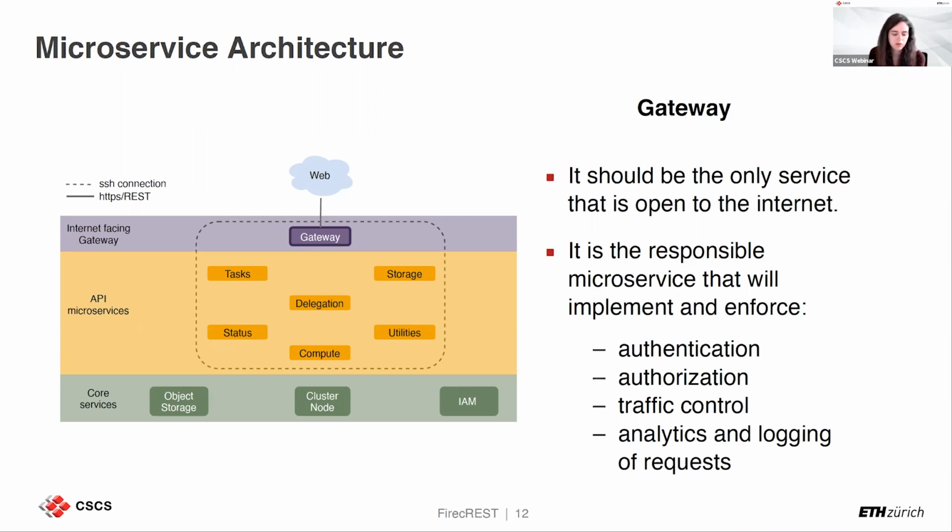The configuration of the gateway can be different from site to site, but in general, it's a service responsible for implementing and enforcing authentication and authorization, and it will also protect FirecREST or the system by enforcing some traffic control and gathering some information for analytics and the logging of the requests.